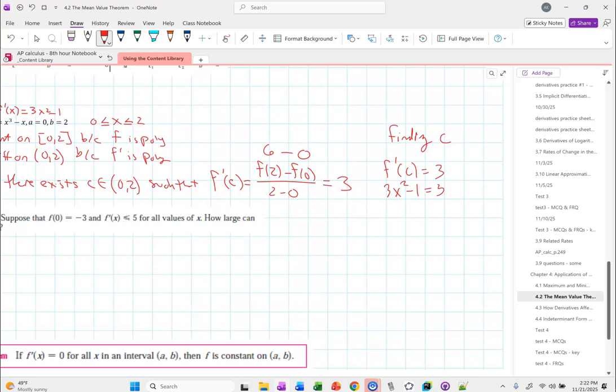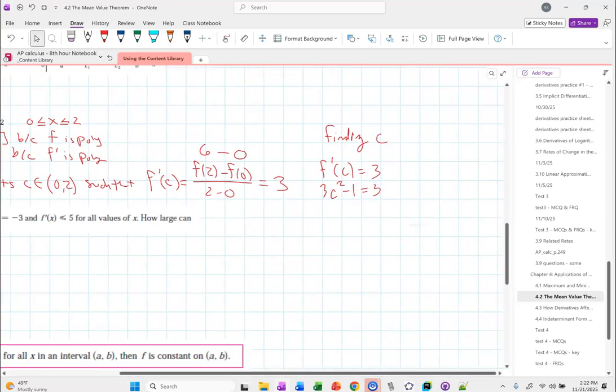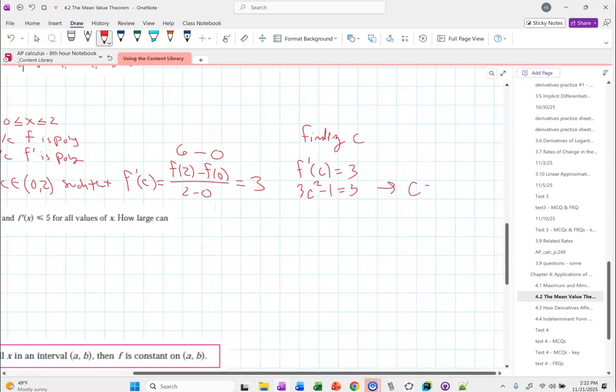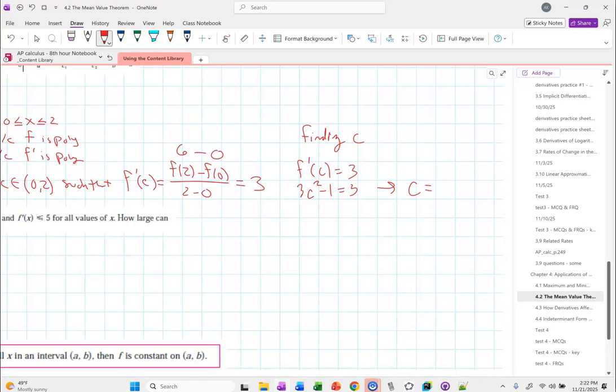So I just take my derivative for f. I guess I should make this... What's c going to equal? Three c squared minus 1 equal to 3.